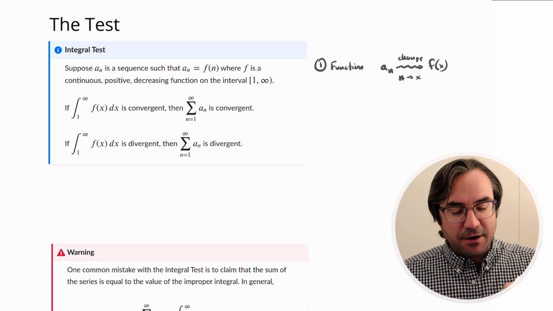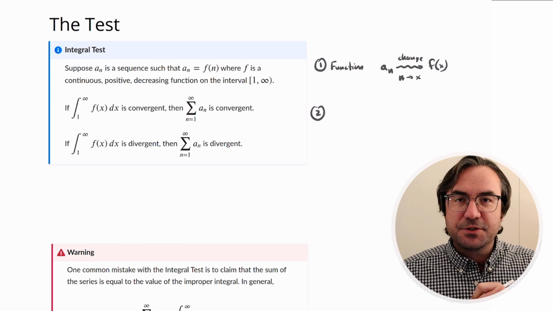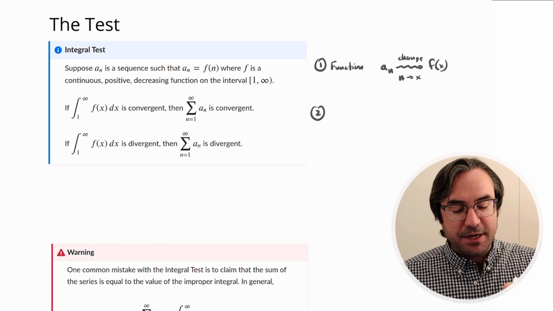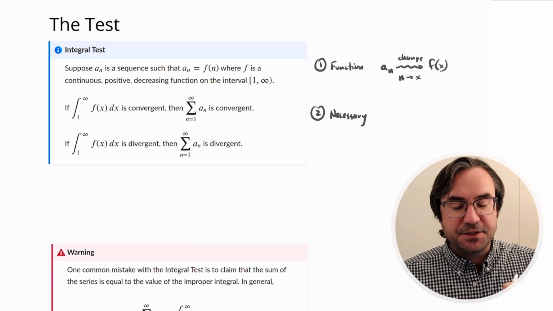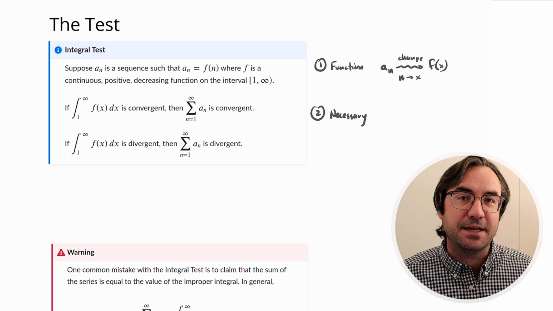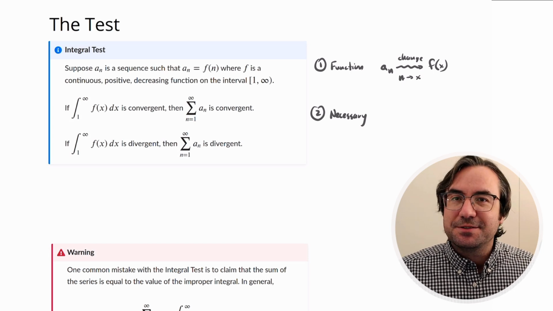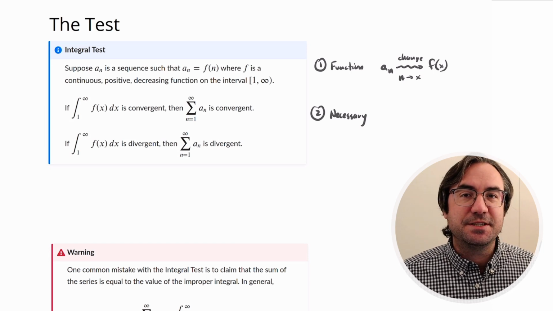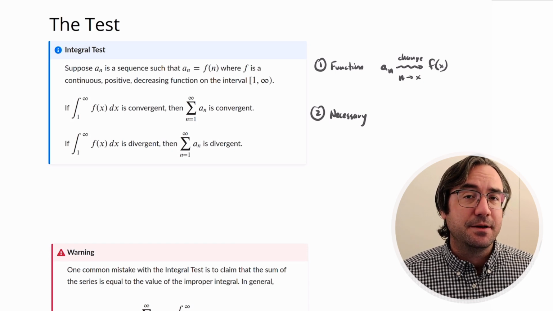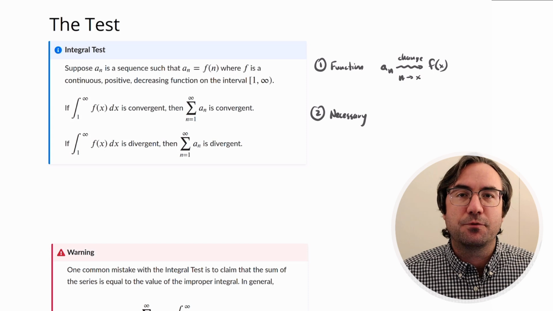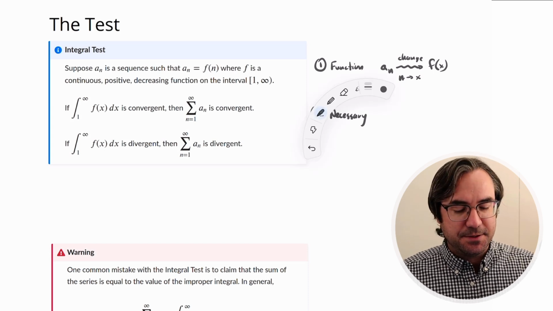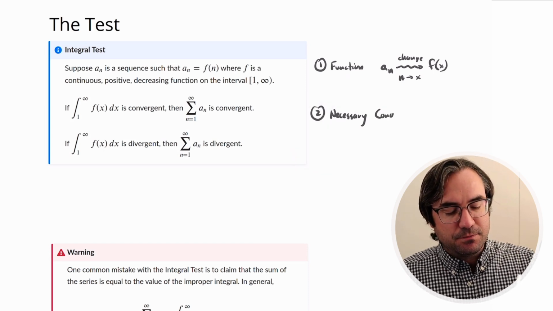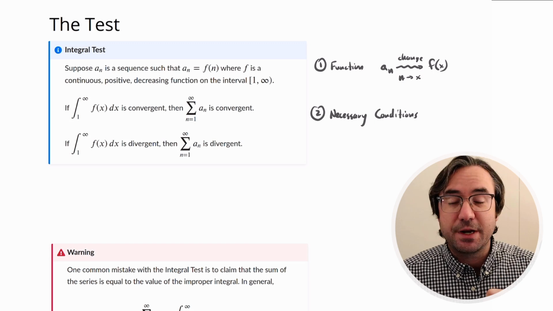Then once we've stated our function, we have to check the necessary conditions. As we're going to see in a lot of these series tests, there are specific conditions that have to be satisfied before we can go on and perform the actual work of the test. In this case, there are 3 of them.